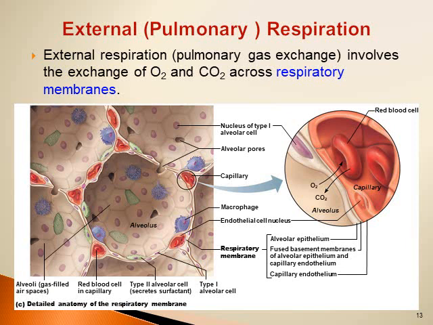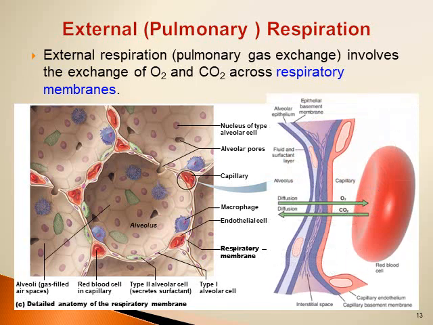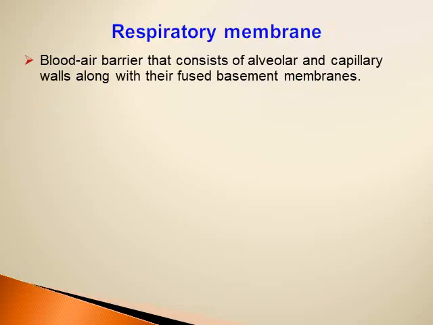External respiration or pulmonary gas exchange involves the exchange of oxygen and carbon dioxide across the respiratory membranes. As you see here in this figure, oxygen will diffuse from the alveoli into the capillary to be carried by hemoglobin inside the red blood cells, and carbon dioxide will diffuse in the opposite direction to enter into the alveoli and then be removed by exhalation.